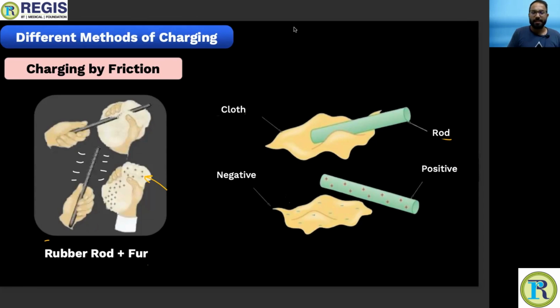So glass has less affinity towards electrons, so it will lose electrons, and silk will gain electrons. So after rubbing, silk cloth, or we can say fur, will have negative charge, and glass rod will have positive charge.